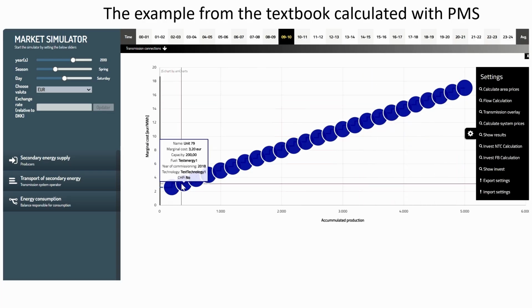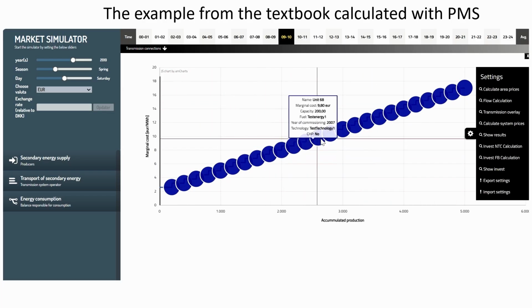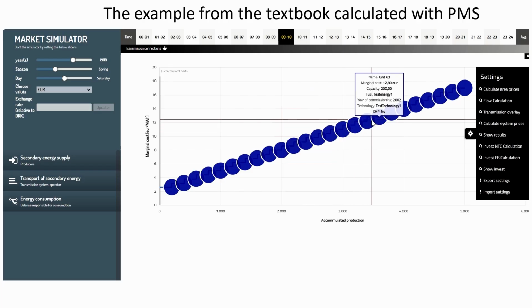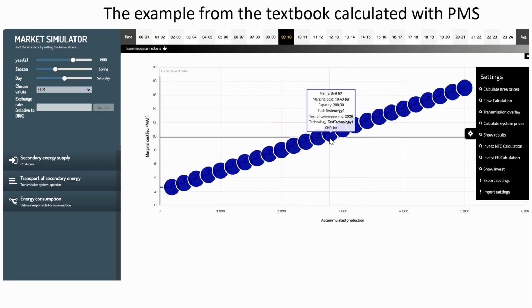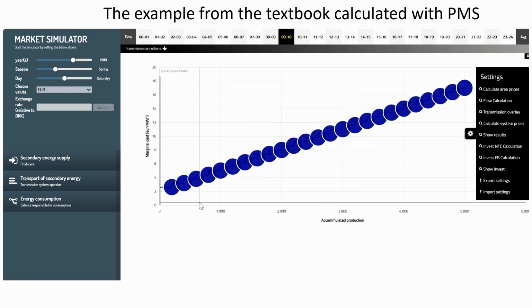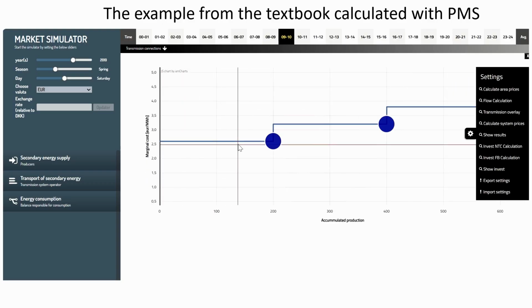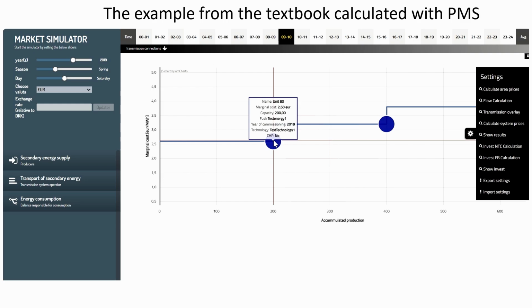So if I click here, this is the unit in node A. It is approximated with all these units here. So instead of having a straight line, we have a staircase curve. If I click here, you can see that the first step here is a unit with a capacity of 200 megawatt.